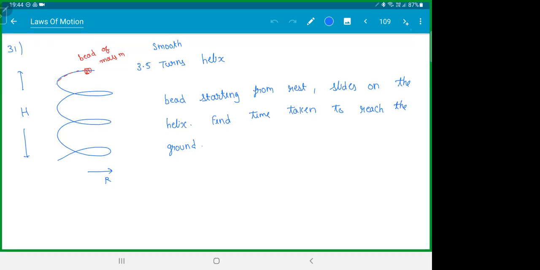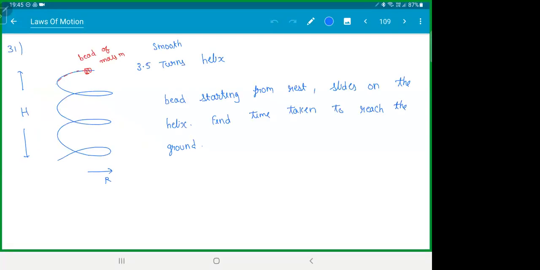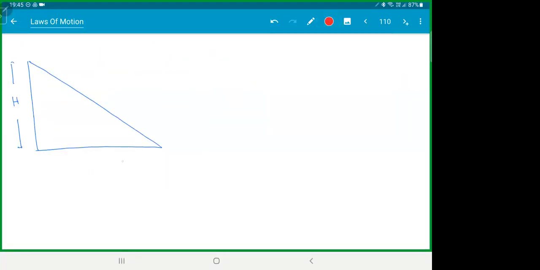How do you know this? If I open this, this height will be h. And remember, 1 turn is 2 pi r. So 3.5 turns will be 3.5 into 2 pi r. Hope you remember that.